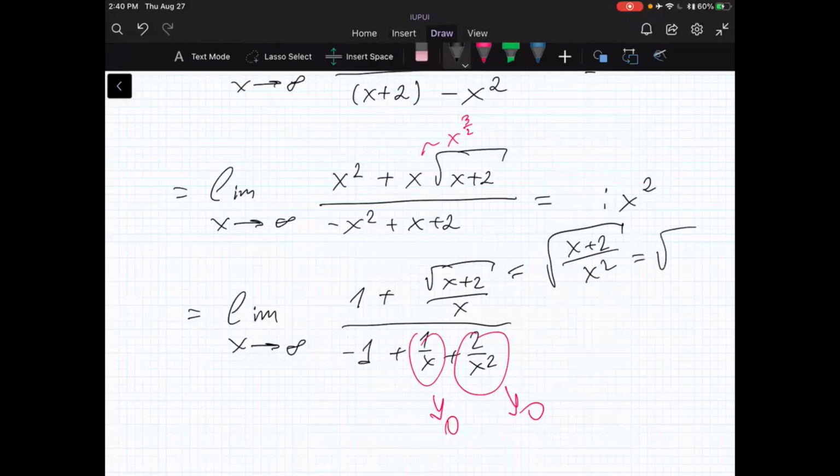And this is the same as 1 over x plus 2 over x squared. But nevertheless, this goes to 0 when x goes to infinity, and this goes to 0. So you get 0 plus 0. So we get that it's the same as the limit 1 over minus 1, which is minus 1.